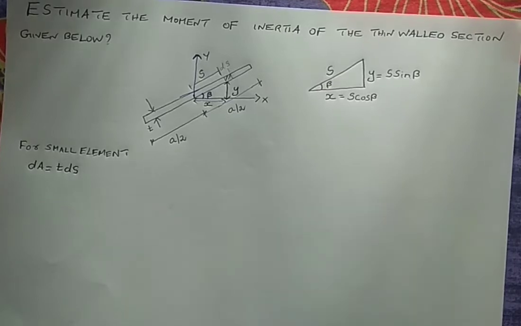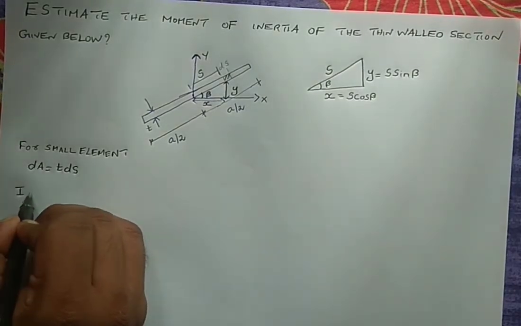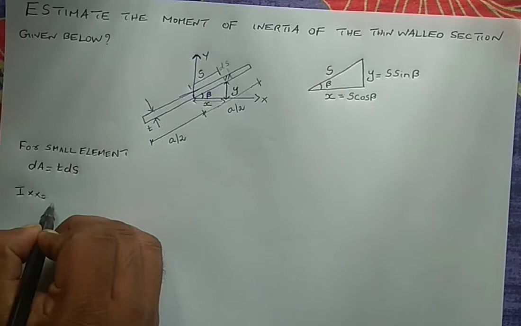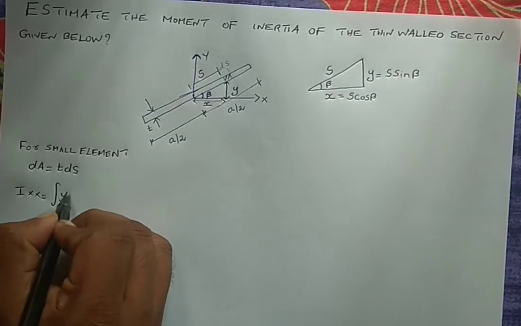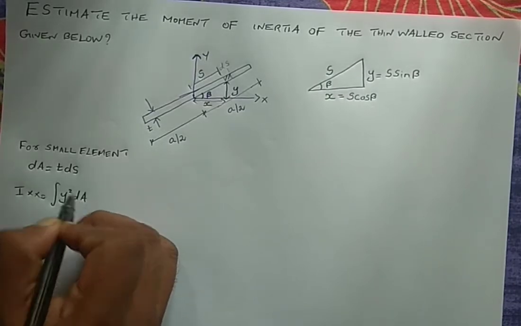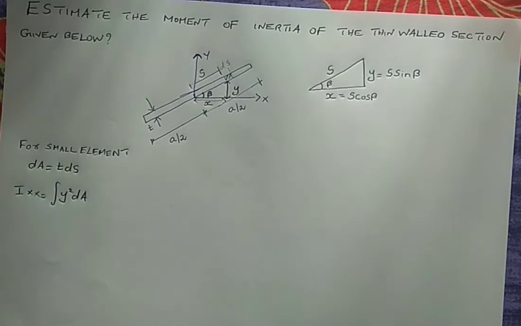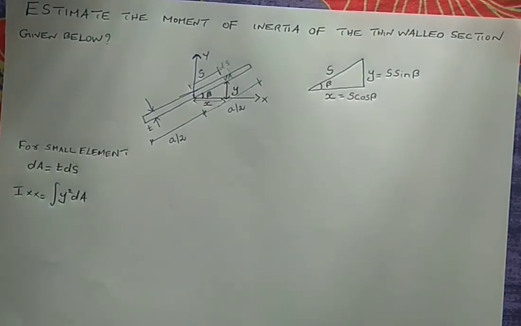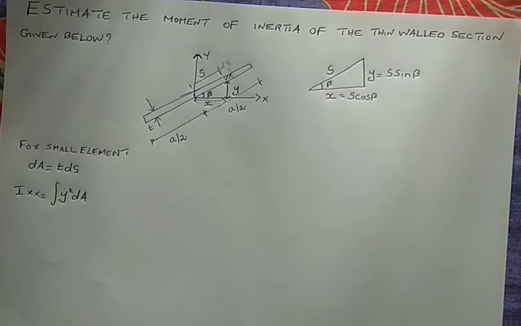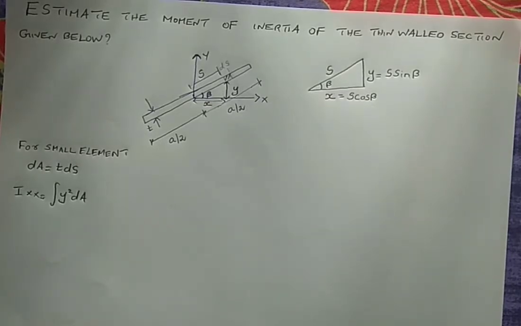Now we have the formula to find the moment of inertia. Ixx is equal to the integral of y square dA. You are aware of this formula from mechanics of materials as well as the previous lectures of airframe structural analysis.